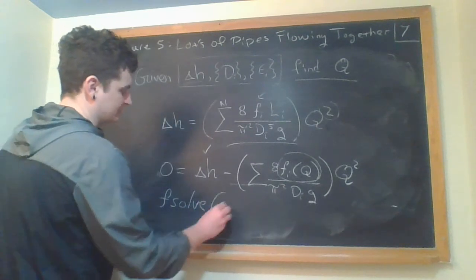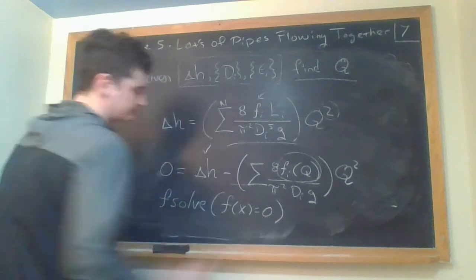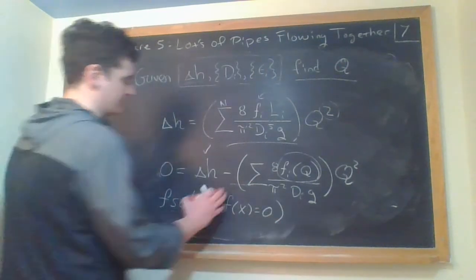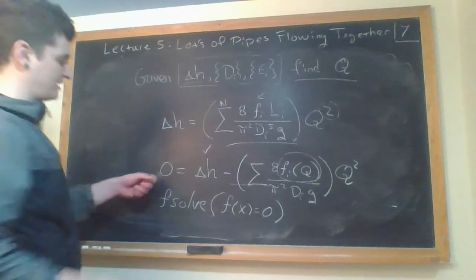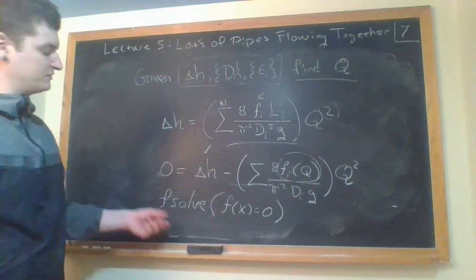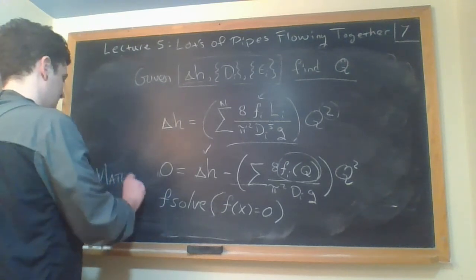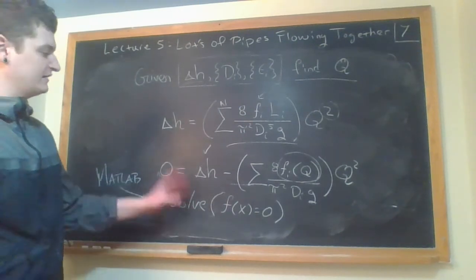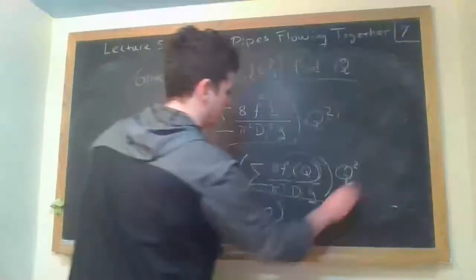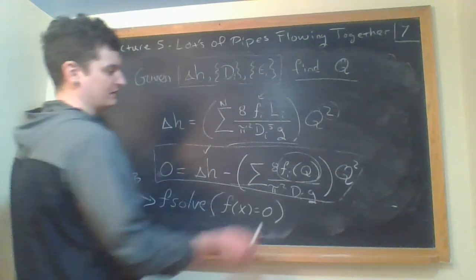Fsolve is a function that's trying to achieve a goal of a function equaling 0. So that's why I write zero equals this, because if you use MATLAB, for instance, you use fsolve, the function you give it is this function right here, and it would be trying to give you the Q.